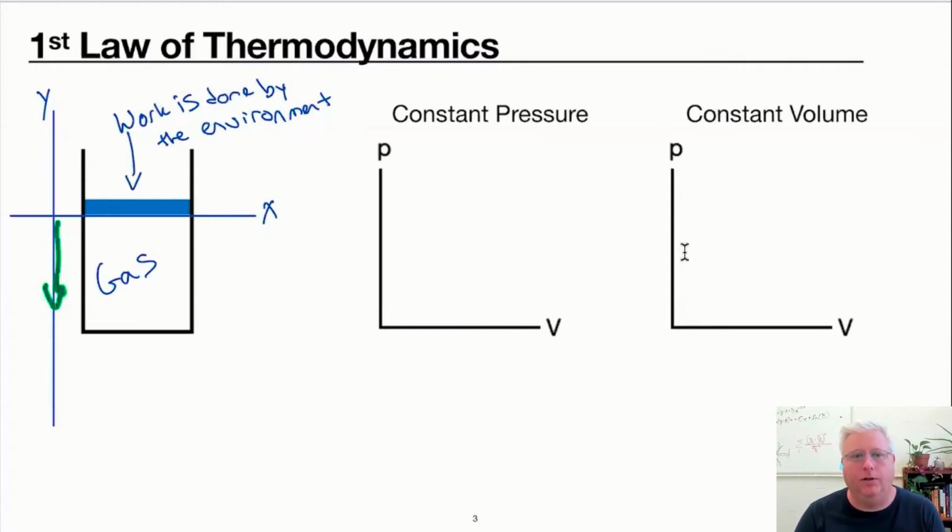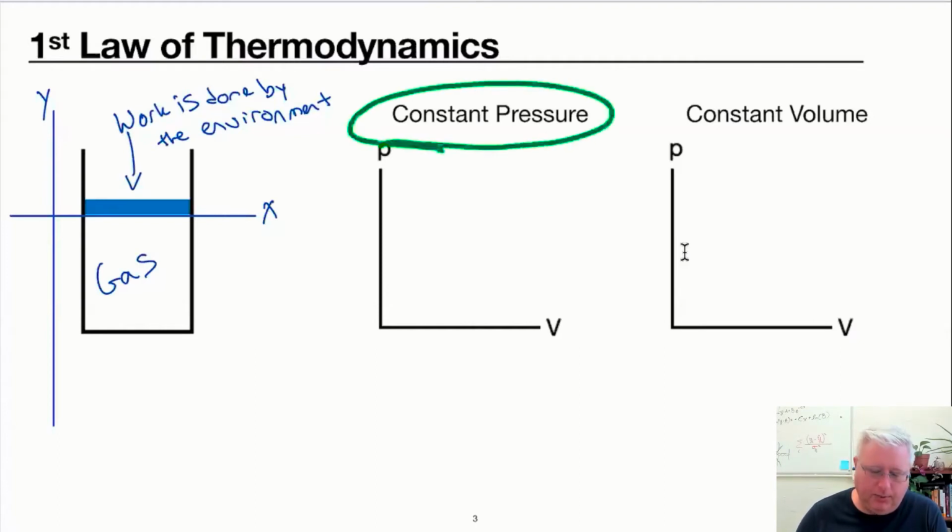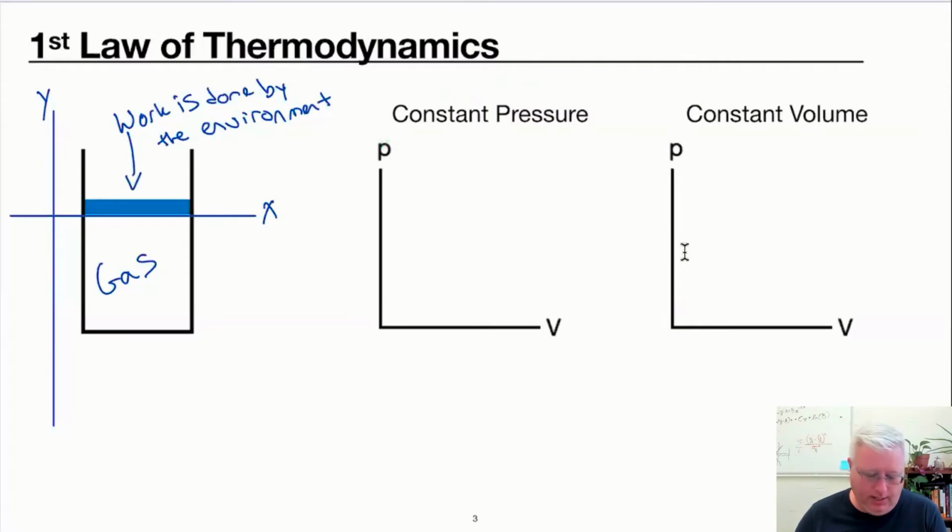Okay, and so if we look on a pressure volume graph like we introduced in the previous lesson, and let's say we have a constant pressure. Let's look at constant pressure, which is what we would have if we had a cylinder with a piston, right? Atmospheric pressure is constant, we learned, and so it would be in a constant pressure.